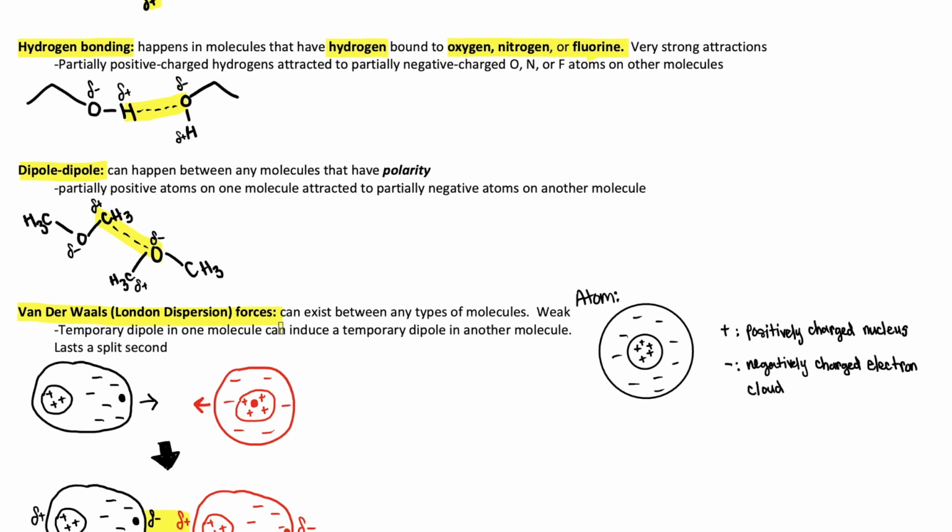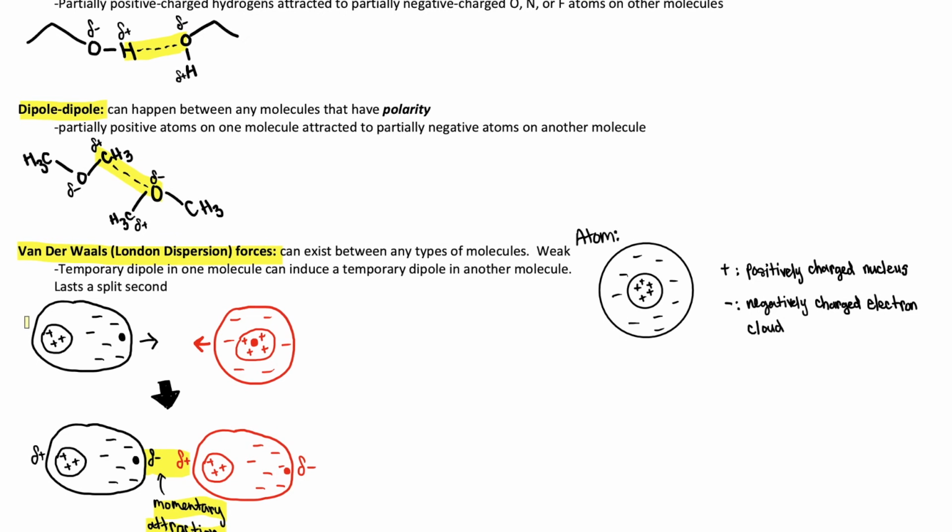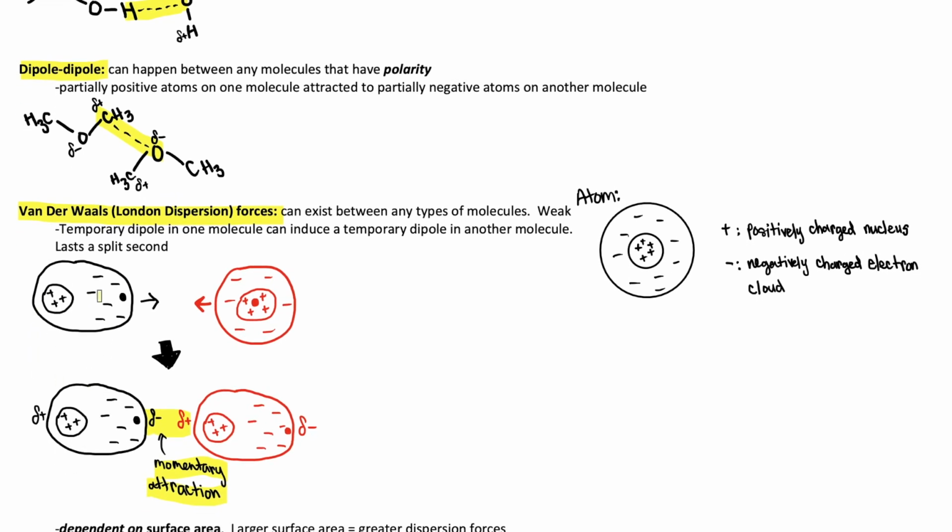So let's say we have an atom that momentarily has a side with a partial negative charge. So here, the right side of our atom, drawn in black, is partially negative. If the black atom is moving towards another atom on a different molecule, it can induce a momentary dipole in that other atom.